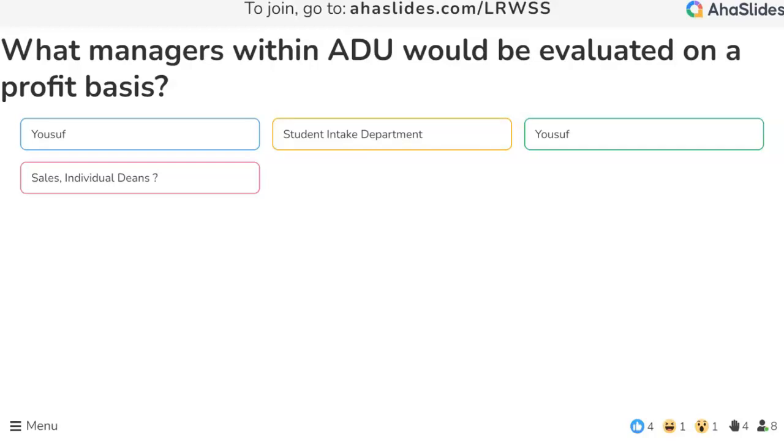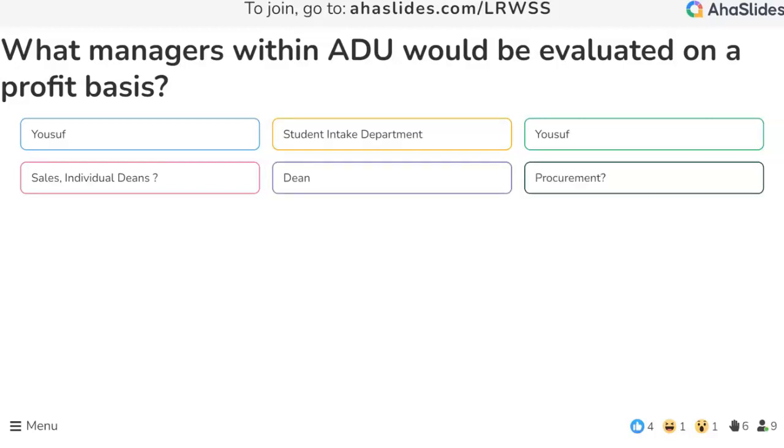The School of Business is run by the dean. Not only is the dean responsible for controlling costs, faculty costs, and all that other costs, but is responsible for attracting business students. So therefore, the dean would be evaluated based on a profit center.